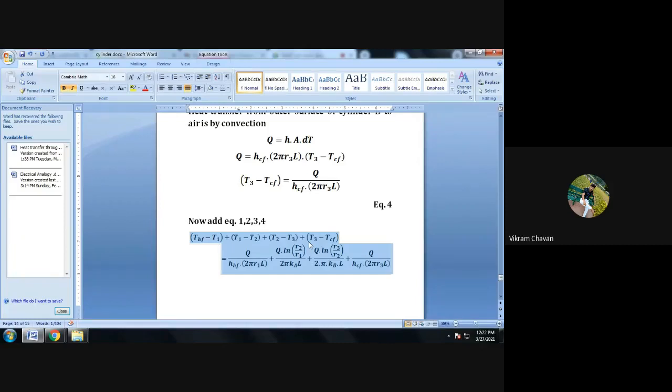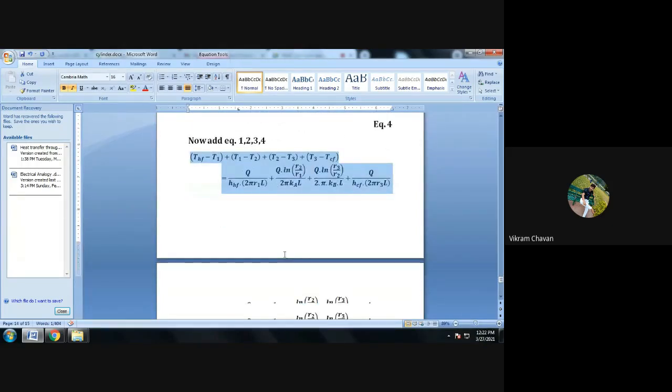So only plus T suffix HF and minus T suffix CF will remain on the left hand side.